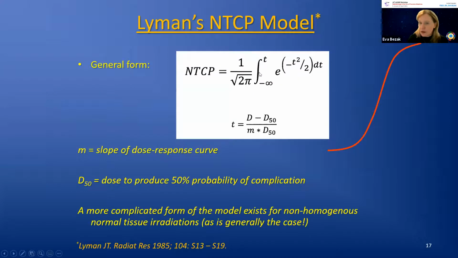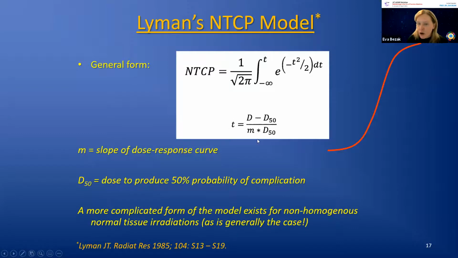So this model is once again an exponential function where we are integrating over a parameter t squared, where t represents the dose to the organ relative to the D50 dose. And D50, which later in my lecture I will sometimes refer to as the TD50, is the dose that will produce a 50% probability of complications.